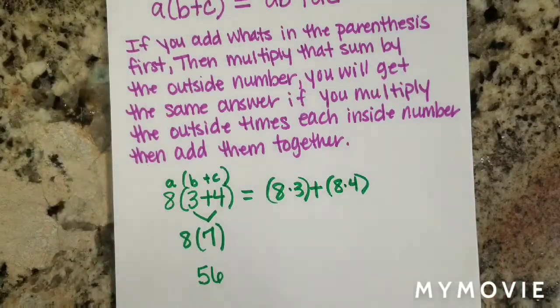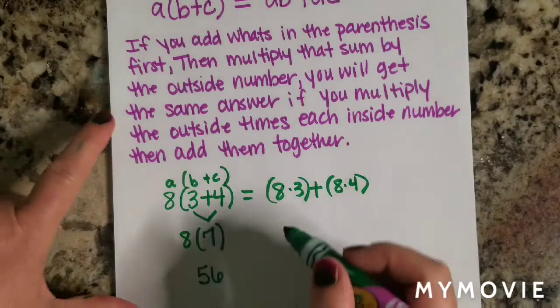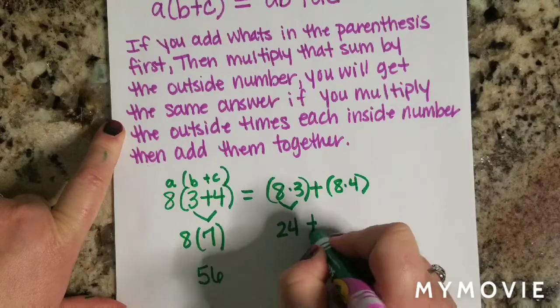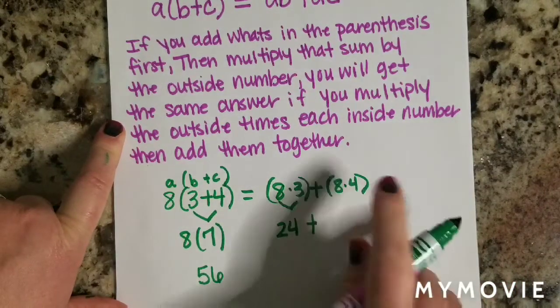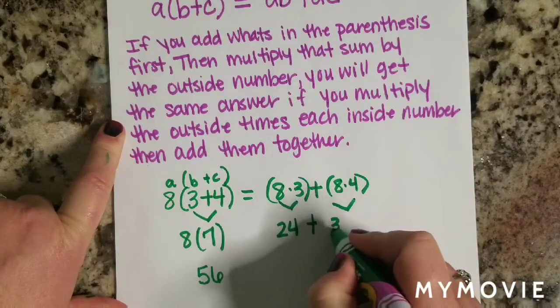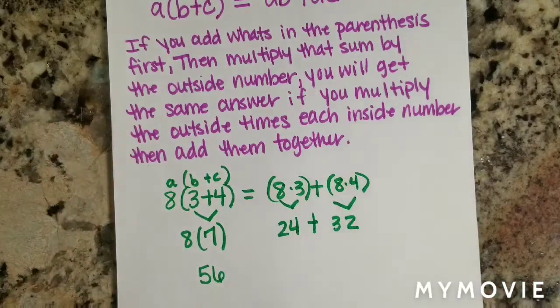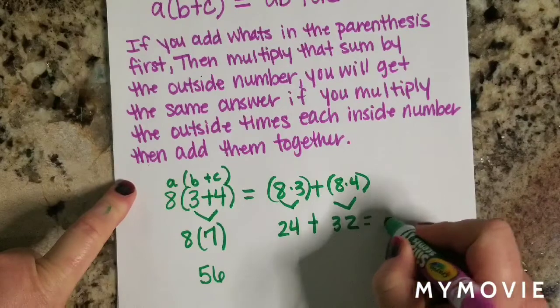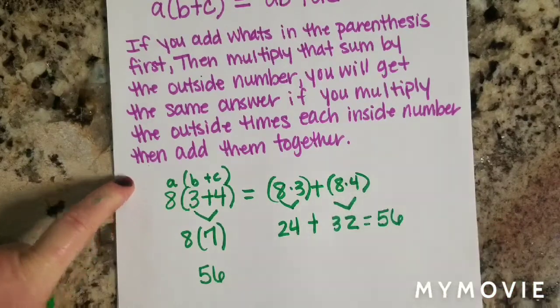Let's see if we get the same answer. 8 times 3 is 24. Bring down your plus sign. And 8 times 4 is 32. Then if you add those together, you get 56.